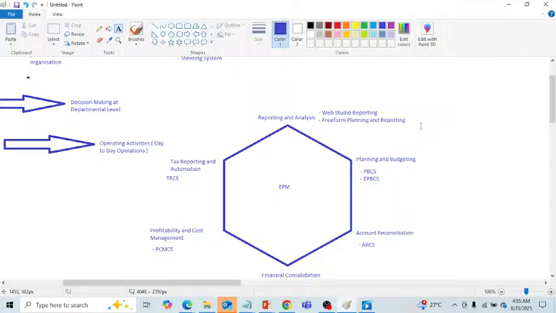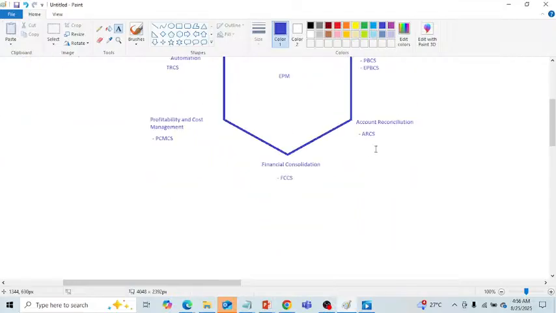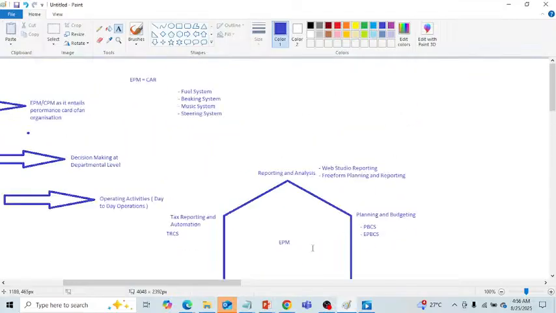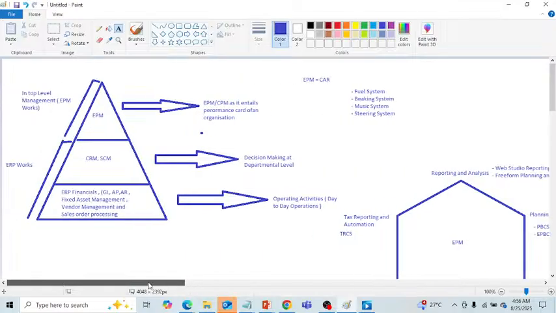Oracle made very good products so that organizations can use them wisely, and within a good scope you can go for profit making also. So these were the products for EPM.